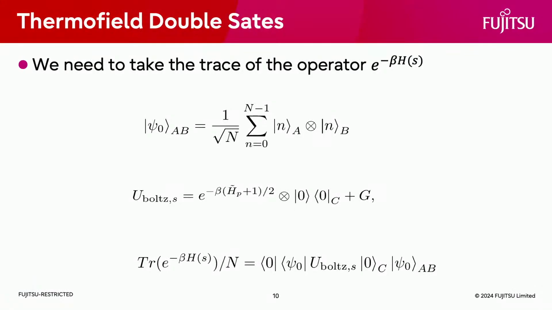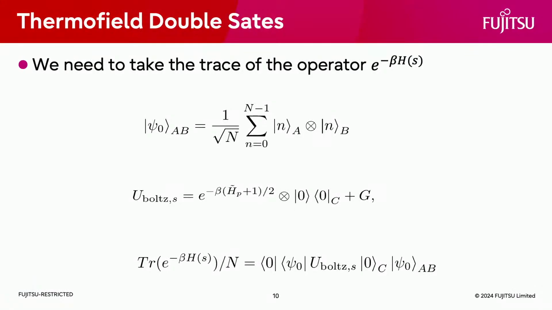This garbage operator is orthogonal to the 0 state, so you basically get rid of that contribution when you project out. And this is an amplitude. The amplitude squared is proportional to this over here.